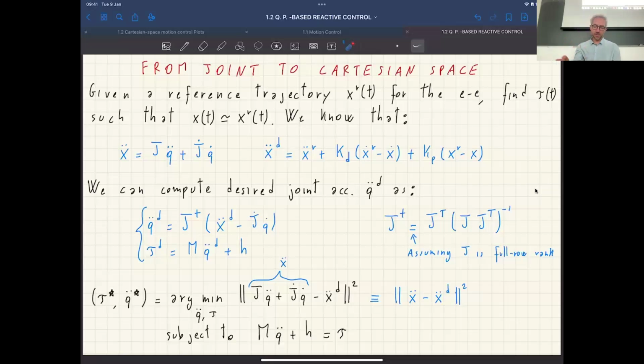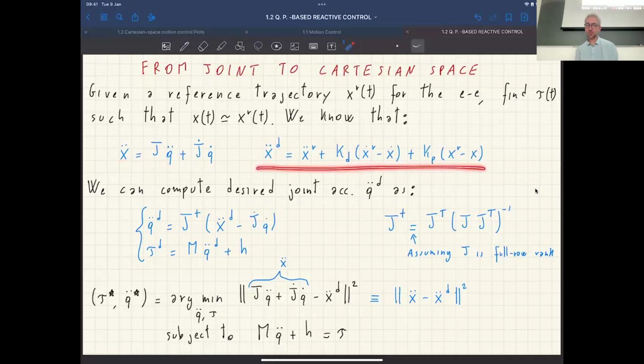We derived this last time, starting from the fact that x dot is equal to J q dot, and then taking the derivatives of both sides, we got that expression. So this is a fact that we know.